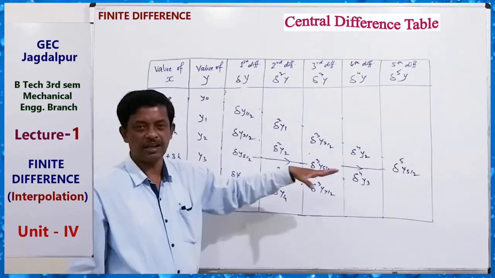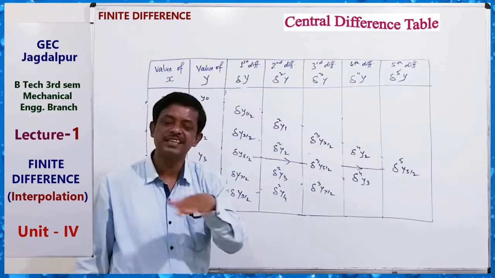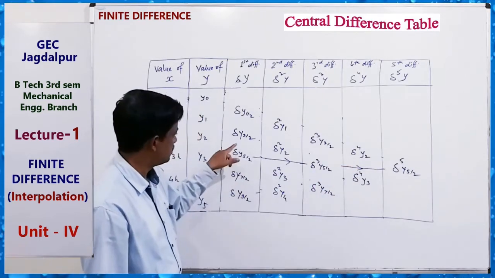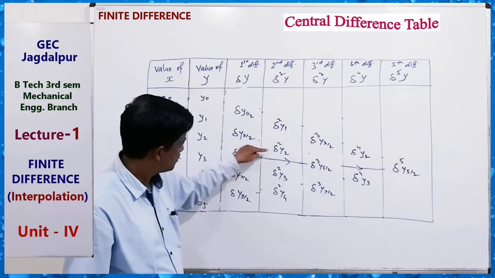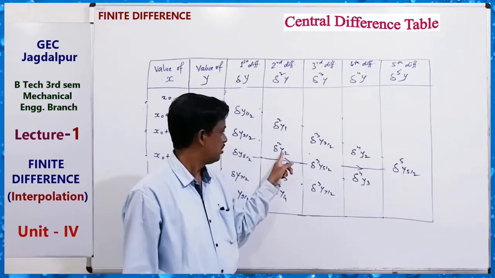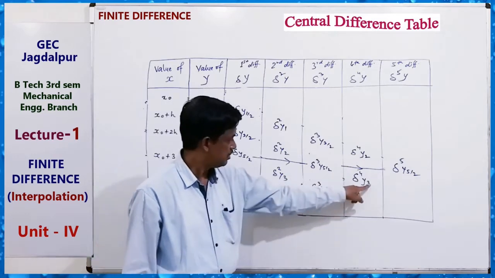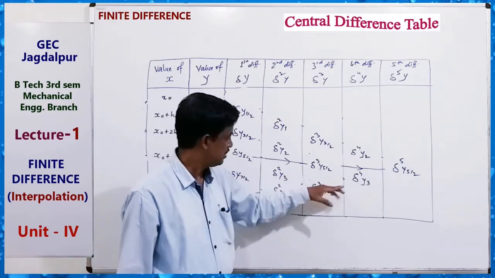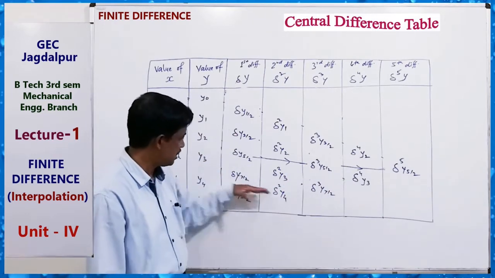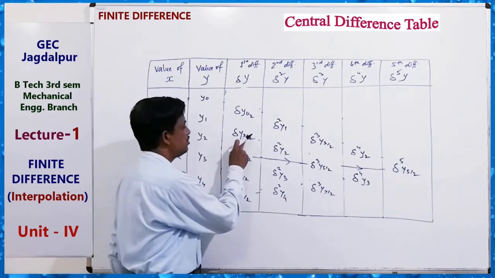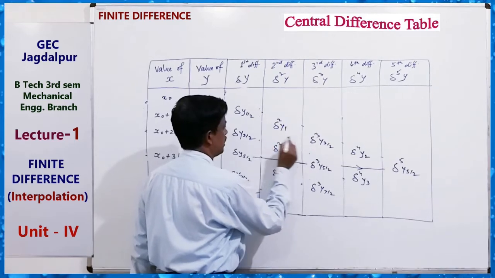All the horizontal lines give the same suffixes, 5 by 2, 5 by 2, 5 by 2. Here also in this line y2, 2, in this line 3, 3, in this line 7 by 2, 7 by 2, in this line 4, 9 by 2. Here we see 3 by 2, 3 by 2, this line.